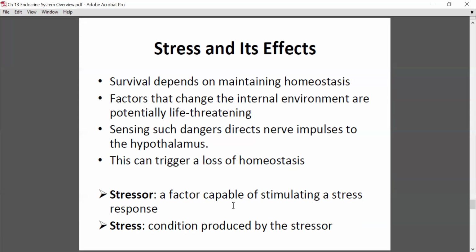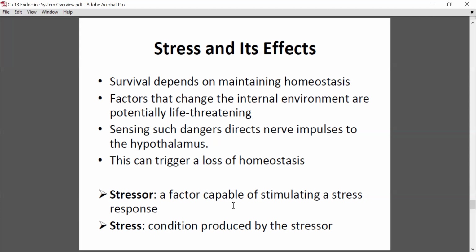Factors that change the internal environment are potentially life-threatening. So if you have any kind of change on the inside of your body, it could potentially threaten your life if your body is not able to maintain or get it back to normal levels.